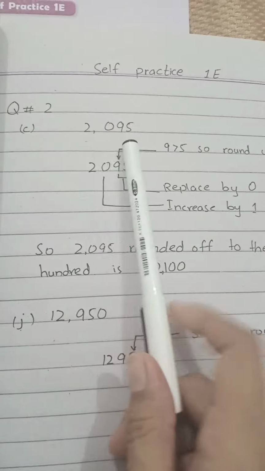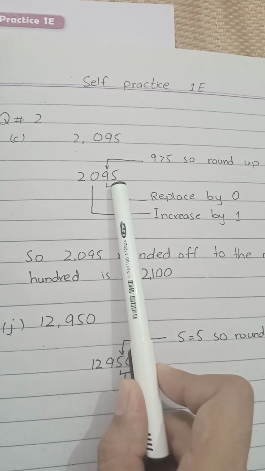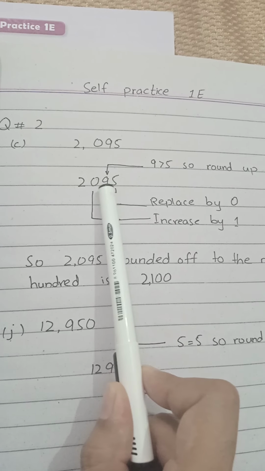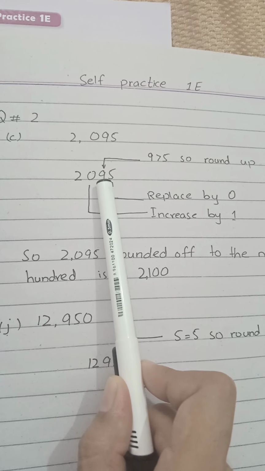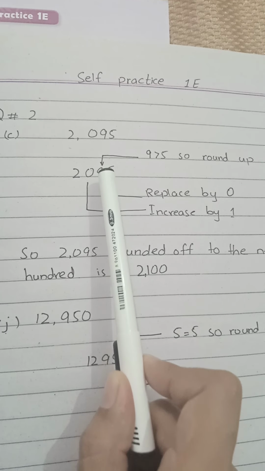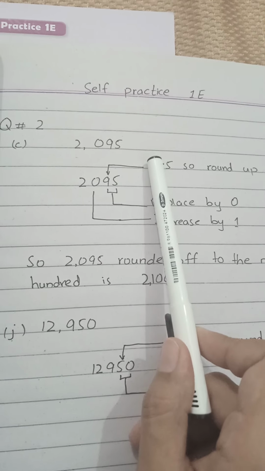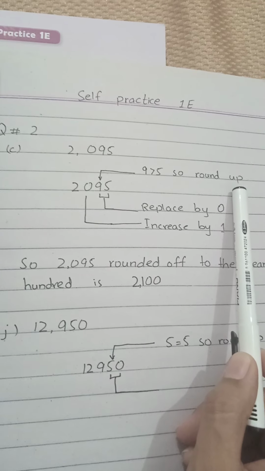Like you see here, C part is 2095. First you will write the number in the same way, and now we have to look at the number at the tens place. Here the number at tens place is 9. At 9 you will make an arrow, and as 9 is greater than 5, we round up.